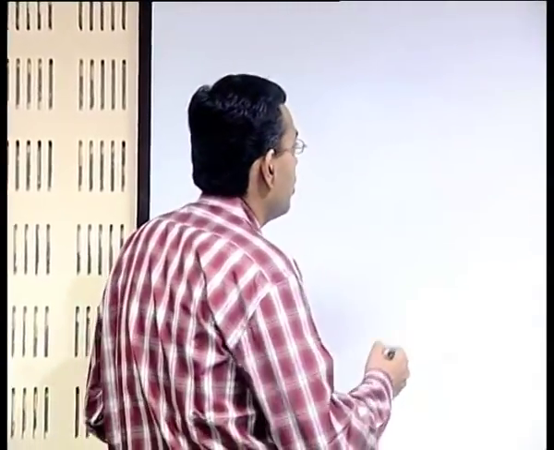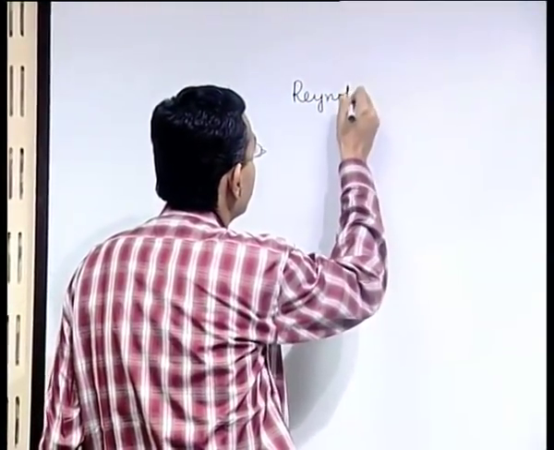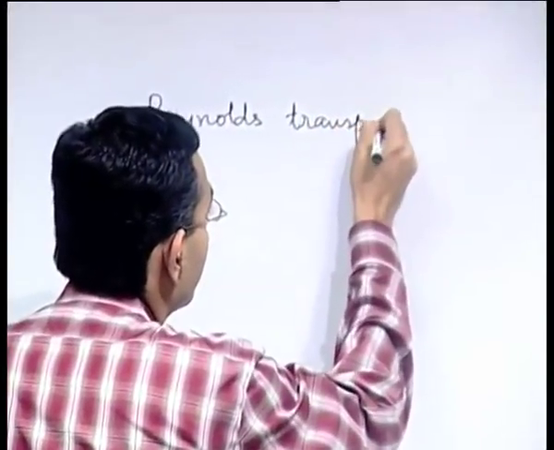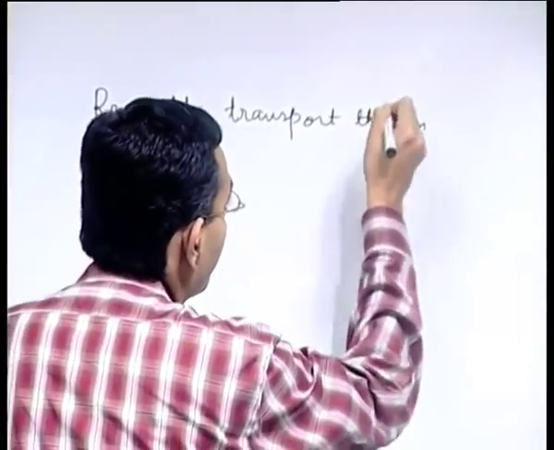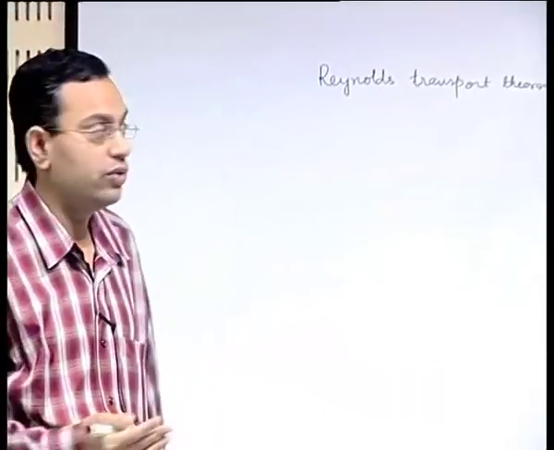We continue with our discussions on the fundamental conservation equations, and we will start again with the Reynolds transport theorem, which basically relates the rate of change of a quantity with respect to a system with the same with respect to a control volume.